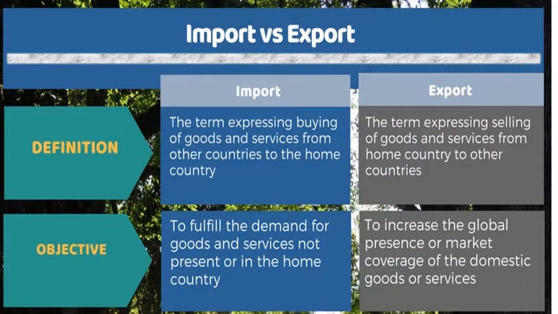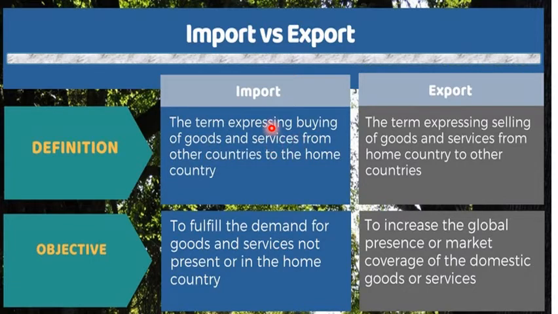In the last class you were taught about import and export, and here are these terms again, but here are only definitions along with their objectives. We are going to learn them in very easy words. Import is the term expressing buying of goods and services.